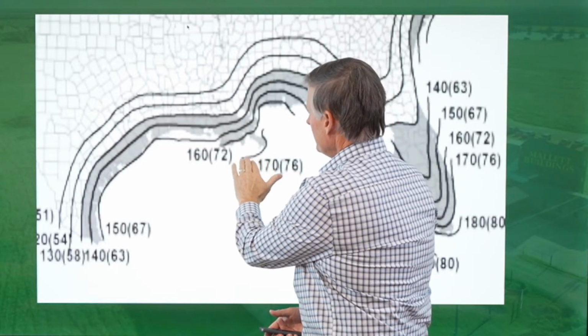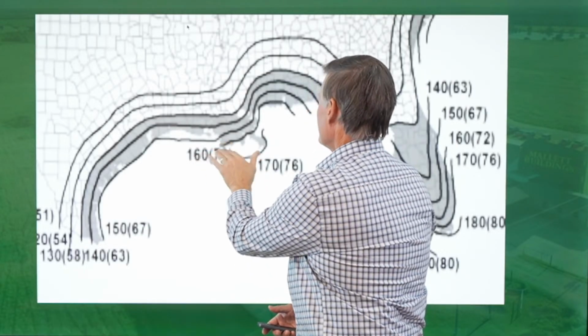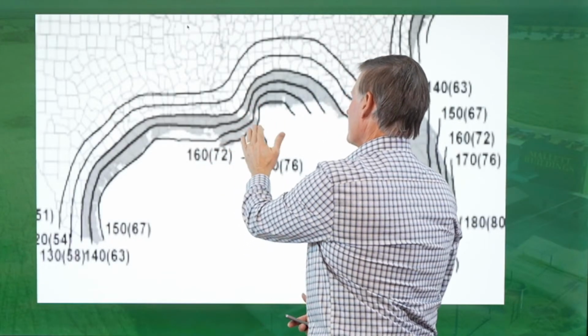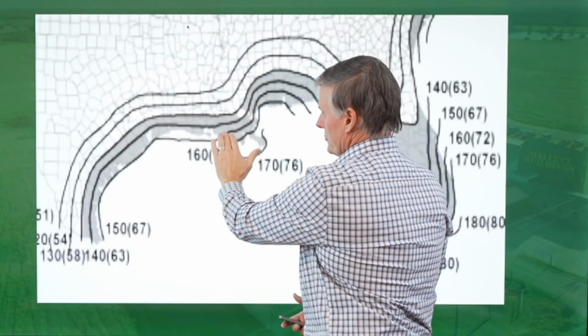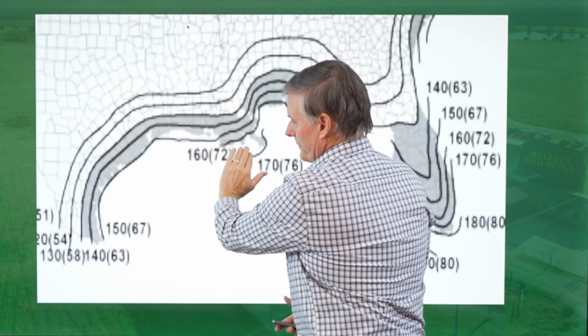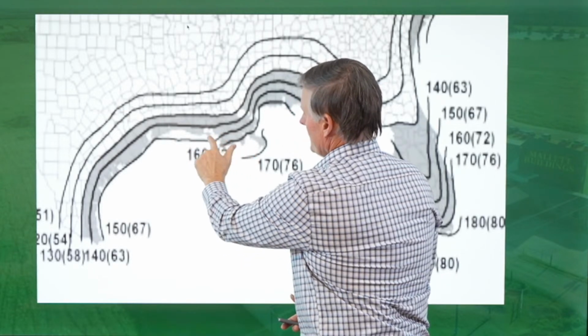And then the next one is 160, where we're getting along the main coast and the coast of Mississippi, the coast of Louisiana, down the coast of Texas is mainly 160, and then 150.